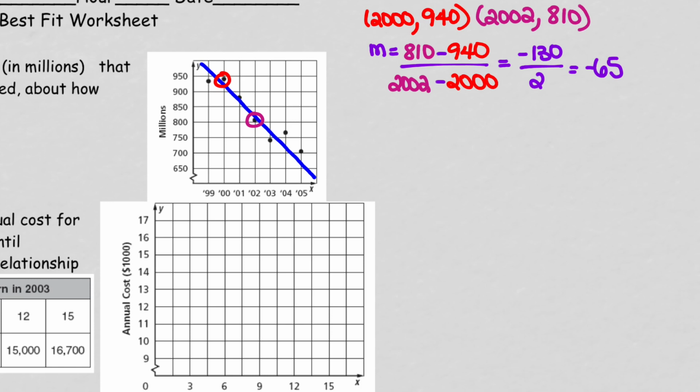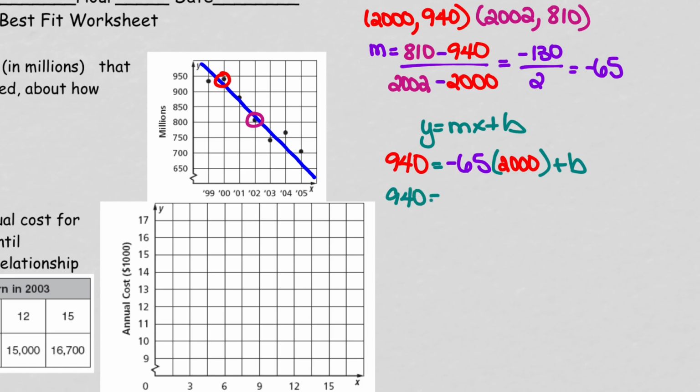And then to find the y-intercept, we'll plug into y equals mx plus b. I'm just going to plug in the first point, and then simplify. So negative 65 times 2,000 is negative 130,000.